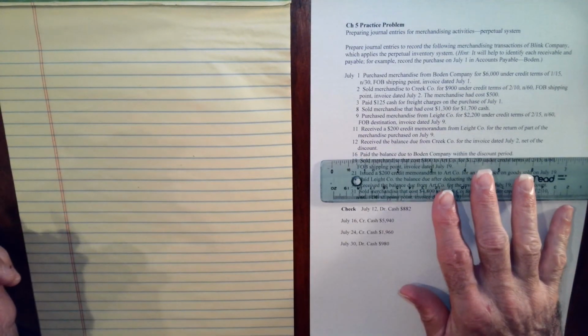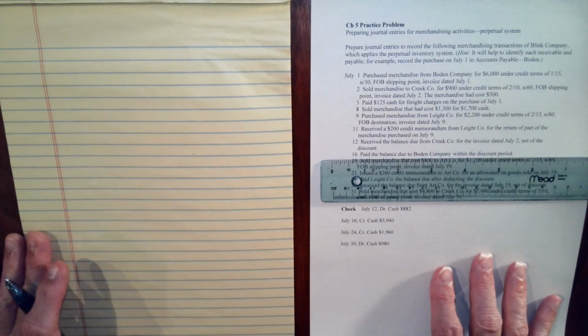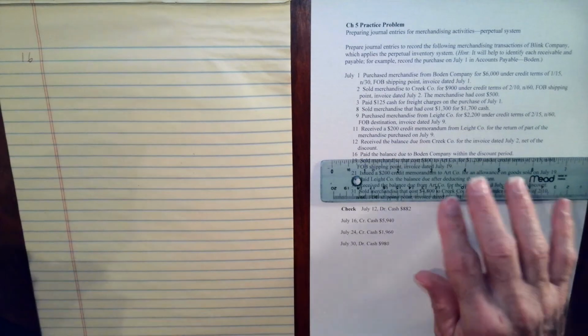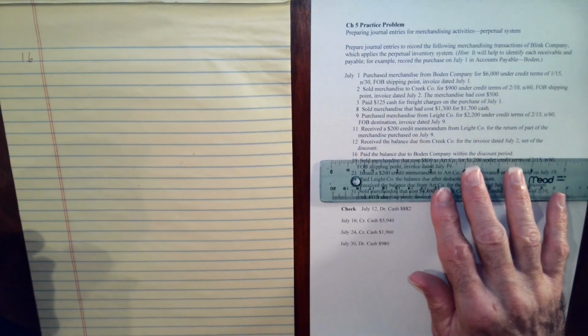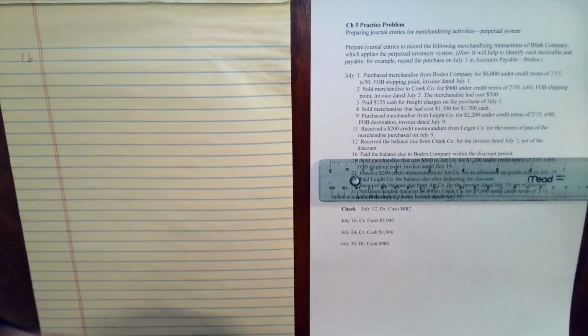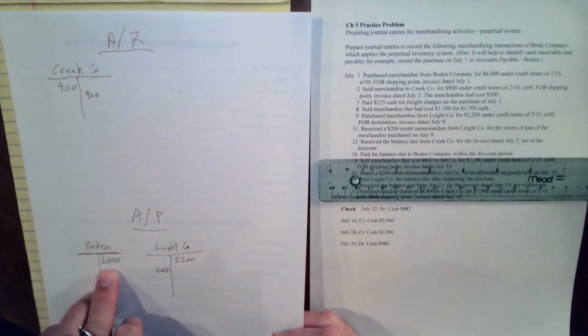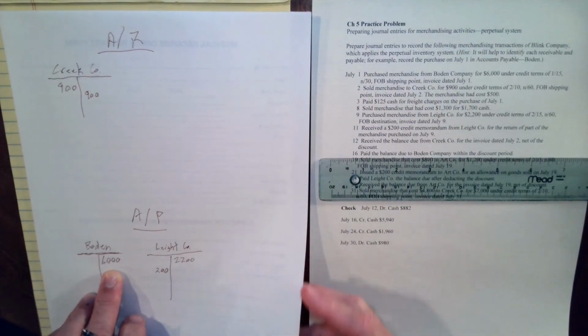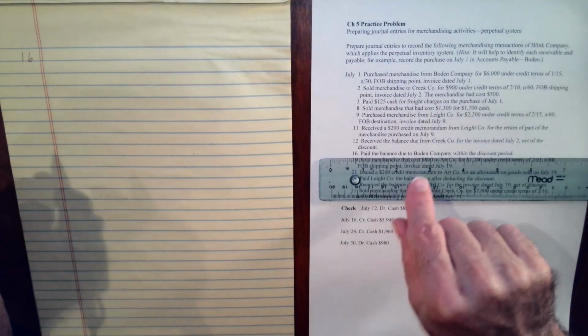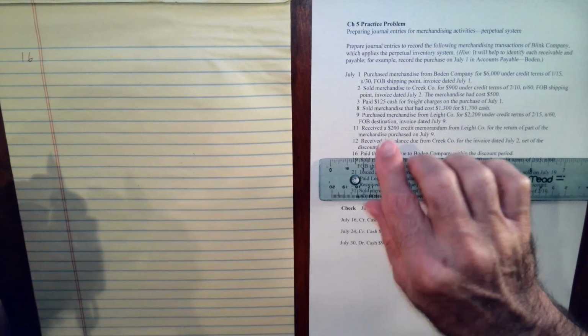Next, 16th of July. We paid the balance due to Bowden Company within the discount period. So here's Bowden. We owed them $6,000 straight out. Let's go back and find where we had done our purchase from them originally.